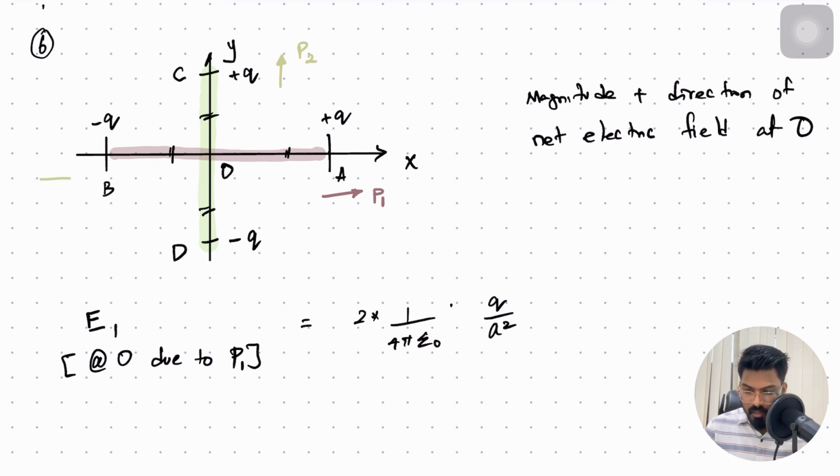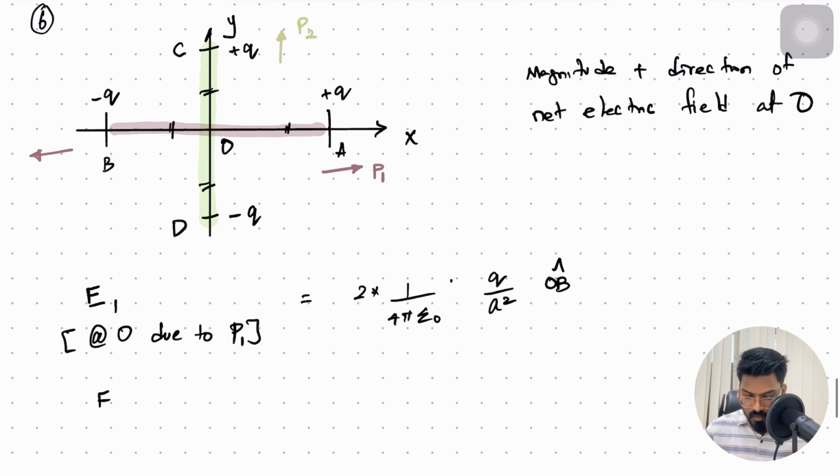So it will be acting in this direction. It will go towards the left. It is equal in magnitude but opposite in direction to the dipole moment. So Q by A square, and I can write it as OB, unit vector.